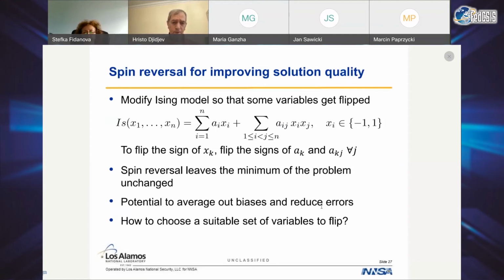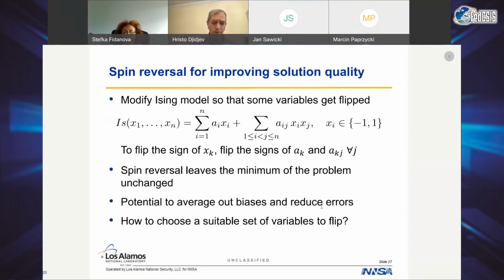If we repeat this for several variables, then potentially we might get a better solution. The question, however, is how to choose which variables to flip. There is an exponential number of problems equivalent to the original one, and which one to choose among those exponentially many? Let's go to the next slide.